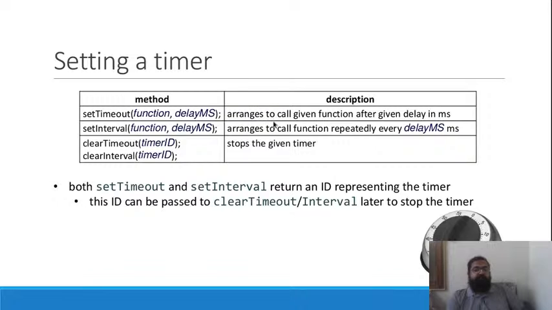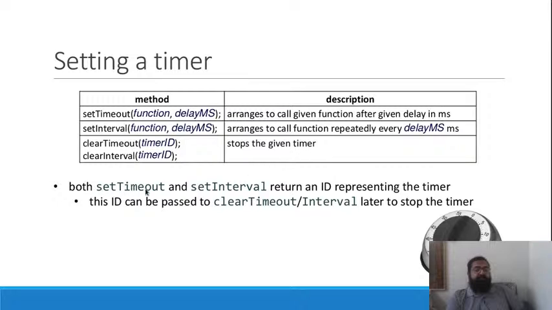It arranges to call a given function after the given delay in milliseconds. setInterval arranges to call a function repeatedly every defined number of milliseconds. And then clearTimeout and clearInterval will let you stop the given timer.